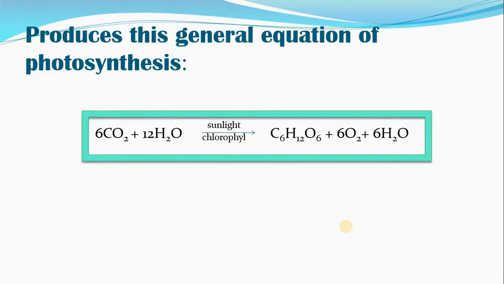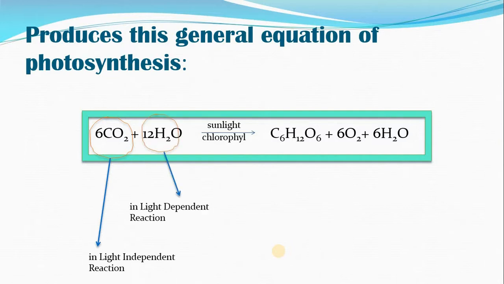So all these two mechanisms produce the general equation of photosynthesis. The 6 carbon dioxide comes from the light independent reaction, and the 12 molecules of water are from the light dependent reaction.